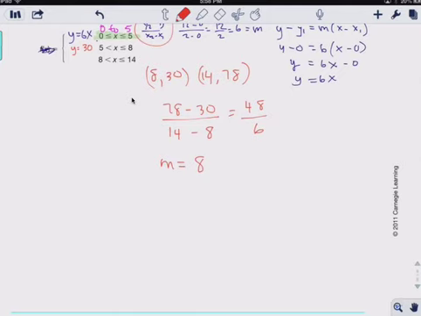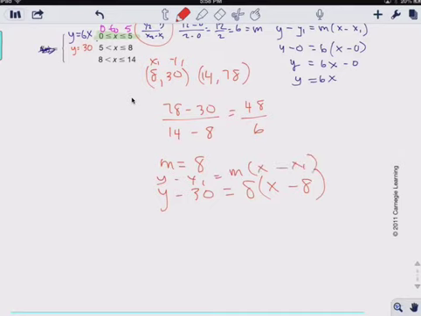Okay? Now we can write an equation of that line by going y minus y1, this is x1, y1, 30, equals 8 parentheses x minus 8. y minus y1 equals m parentheses x minus x1. y minus 30 equals 8x minus 64.